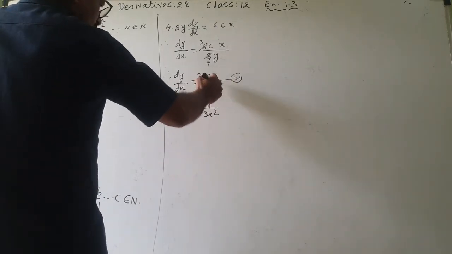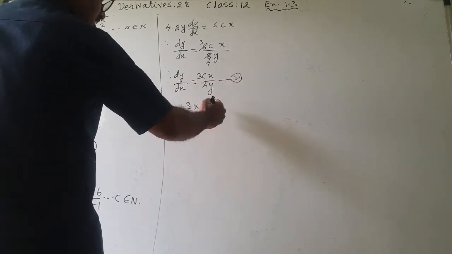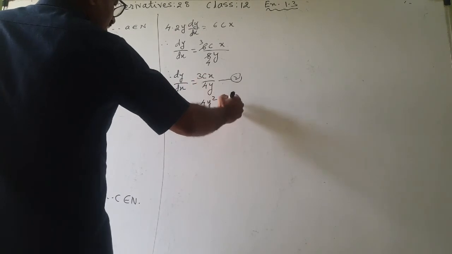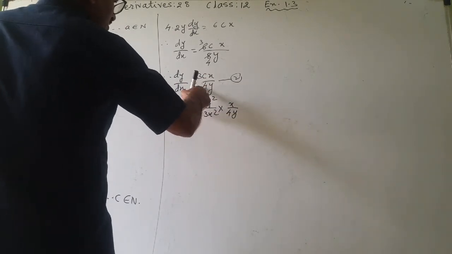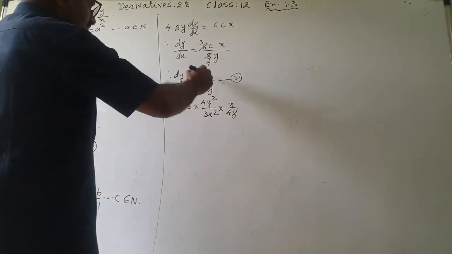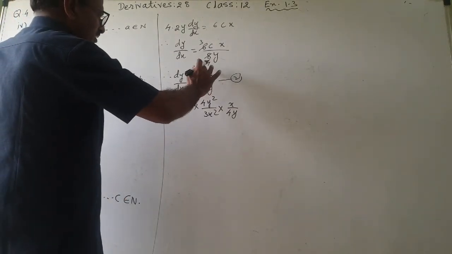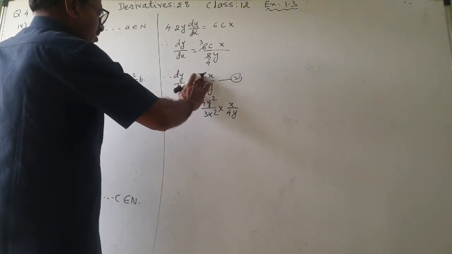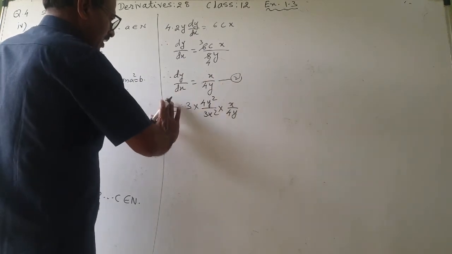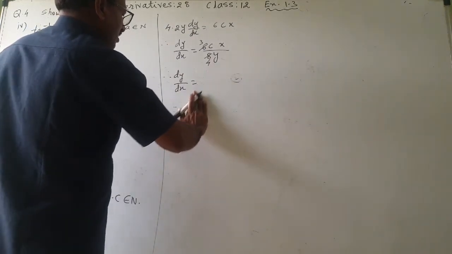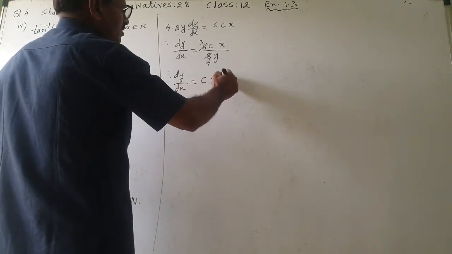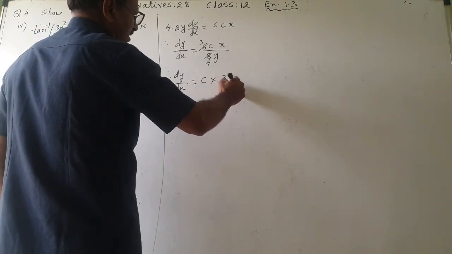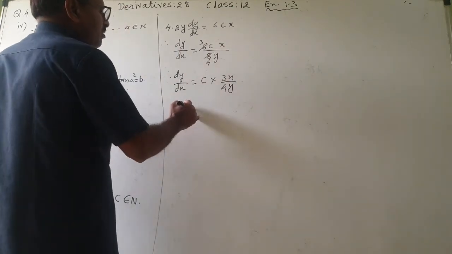This is the value of c, into this is x upon 4y. This is remaining to write. This value goes for c. Or this way, I will write it differently, then you will find it very easily. This is c into 3x upon 4y. This way I will write. Then you will not get confused.